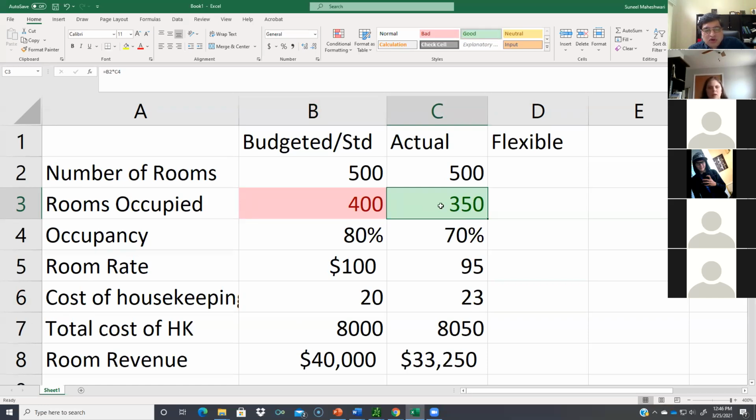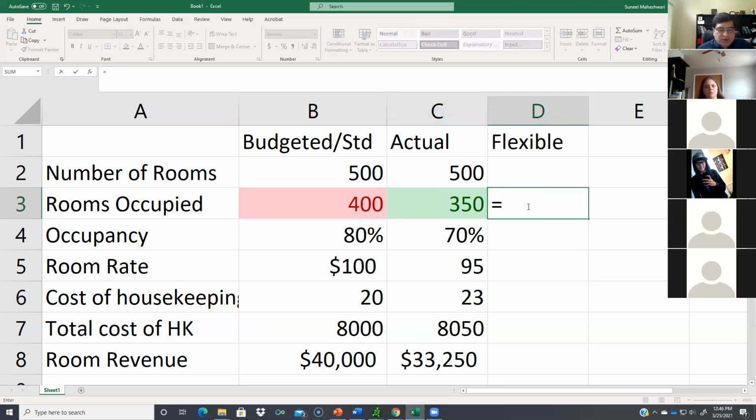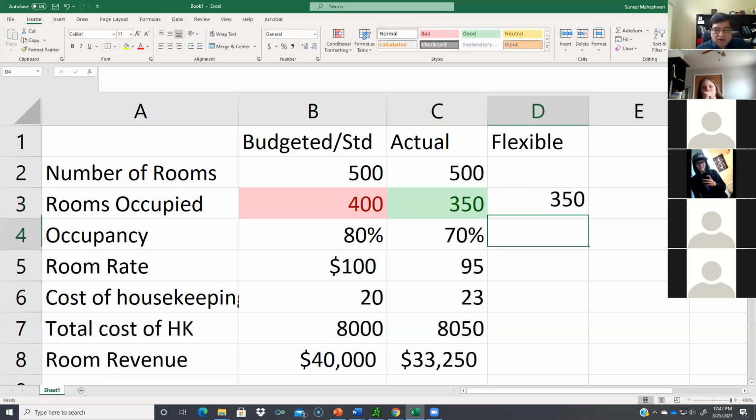So actually, you only sold 350 rooms, right? Yeah. So you should compare it with the budget of how many rooms? 350 rooms, right? So you should be comparing it with a budget of 350 rooms only.